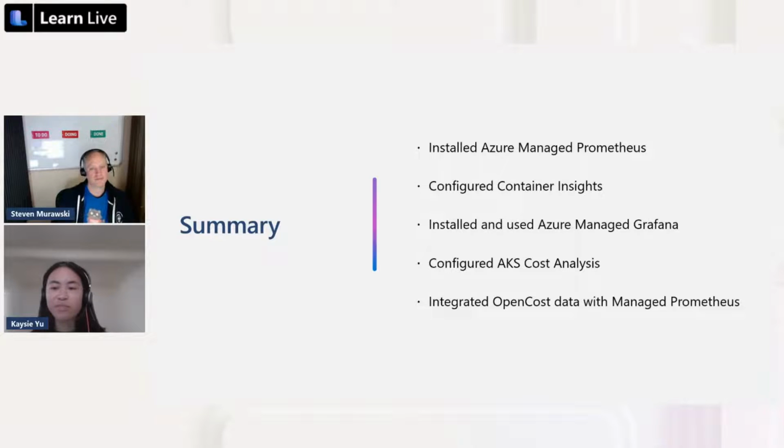Yeah. So just to recap what we covered today, we've installed managed Prometheus, we configured container insights, we installed and used Azure Managed Grafana, we wired up AKS Cost Analysis, and we looked at taking that OpenCost data and exposing it to managed Prometheus.